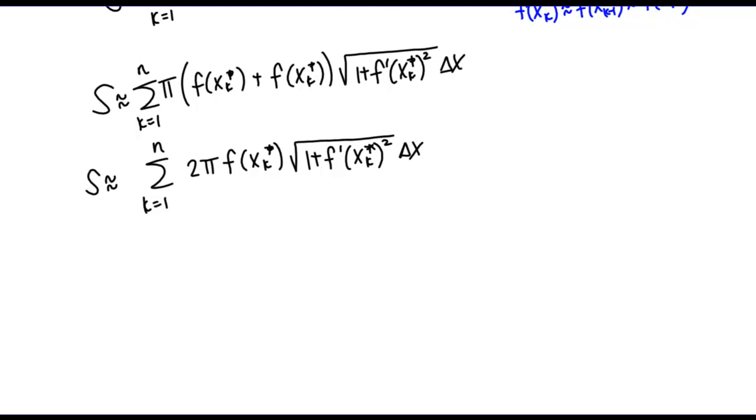Now, to make this approximation exact, I'm going to take the limit as n goes to infinity. That is the limit as the number of subintervals goes to infinity, which makes each subinterval smaller and smaller.